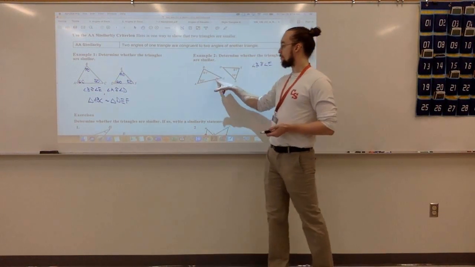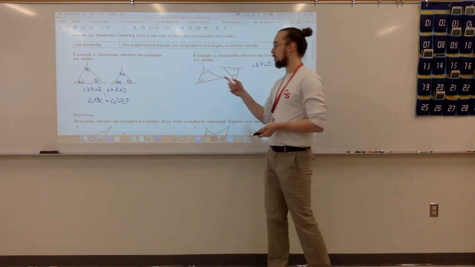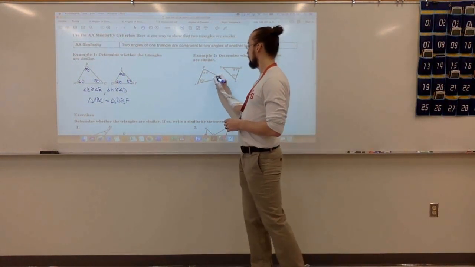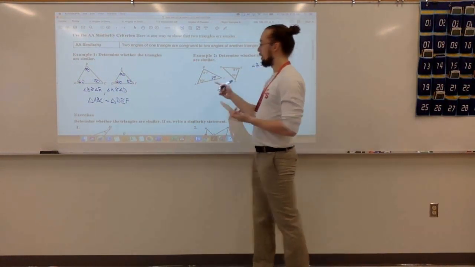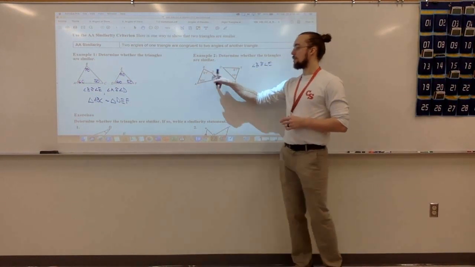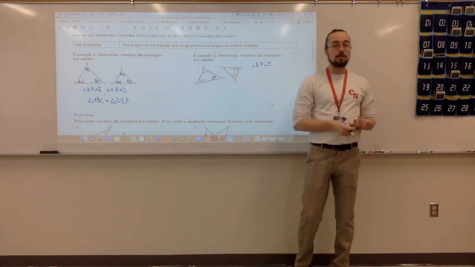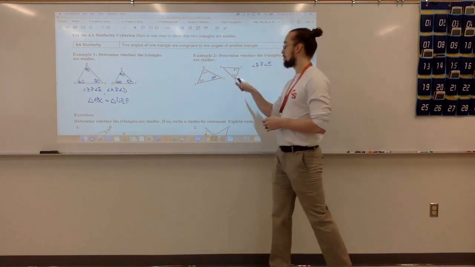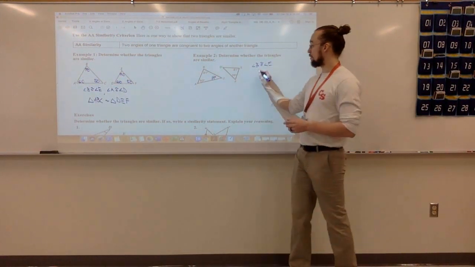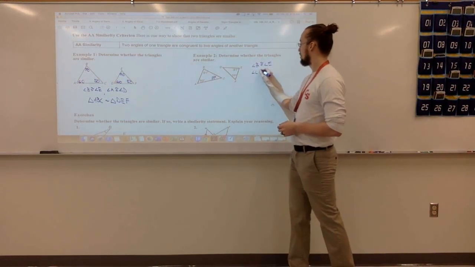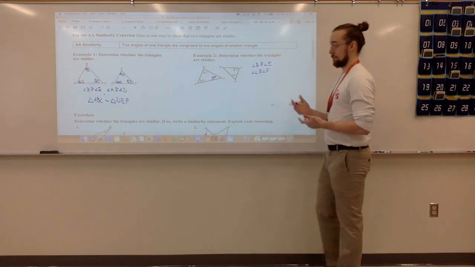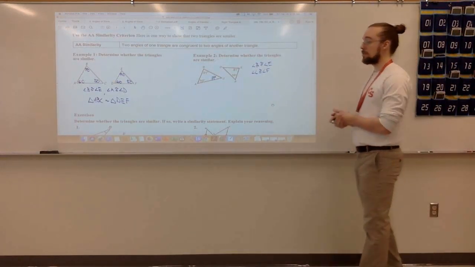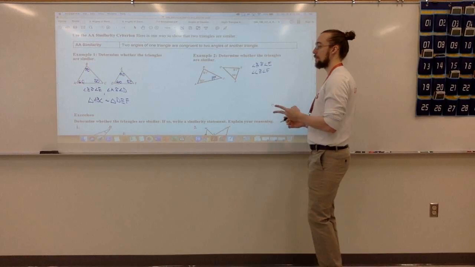If I solve for C in this first triangle, 180 minus 60 minus 81 gives us 39. So then we can claim that angles C and F are congruent. And that's enough to claim that these triangles are similar. All we need is 2 pairs of angles.